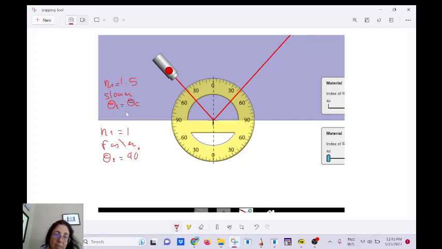So let's try to find that critical angle. It's going to be 1.5 sine of the critical angle equals 1 times sine 90. And sine 90 is 1. So we have sine of the critical angle equals 1 divided by 1.5.